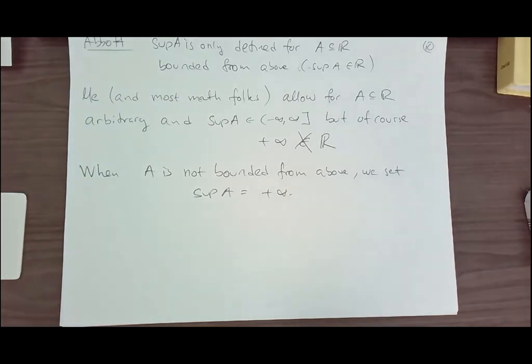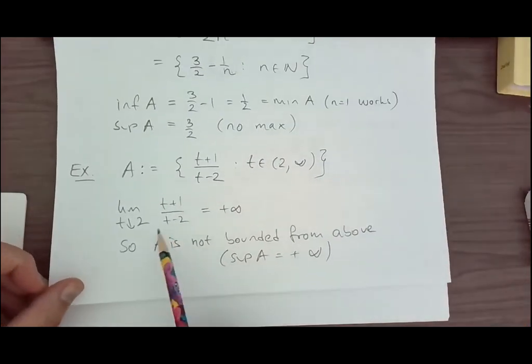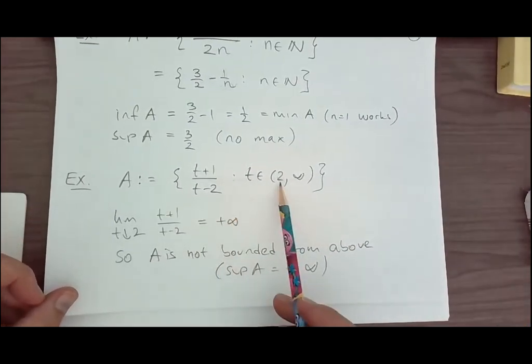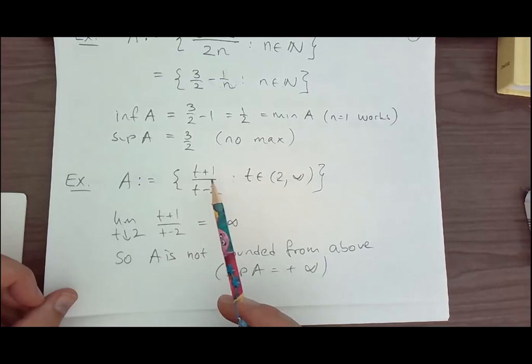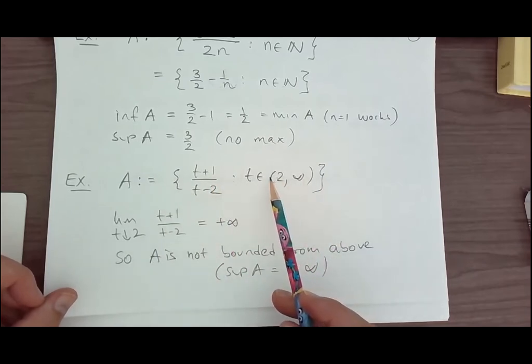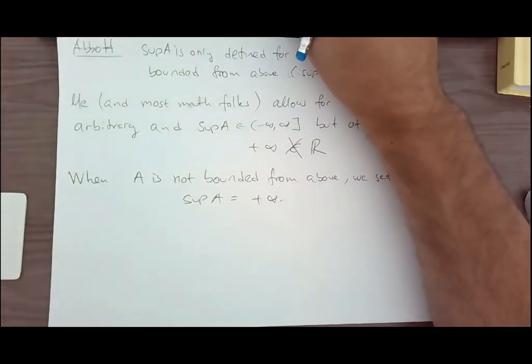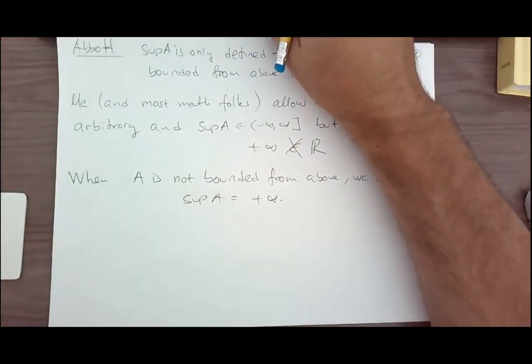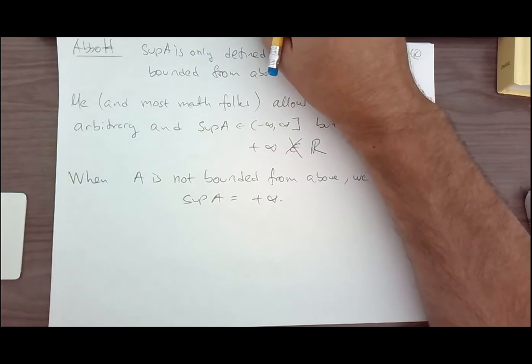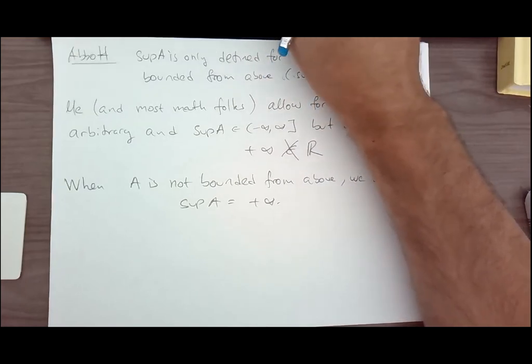And in the example we have here, this set is bounded from below, but it is not bounded from above. The reason it's not bounded from above, we get by looking at the picture. Let me just bring it up again.